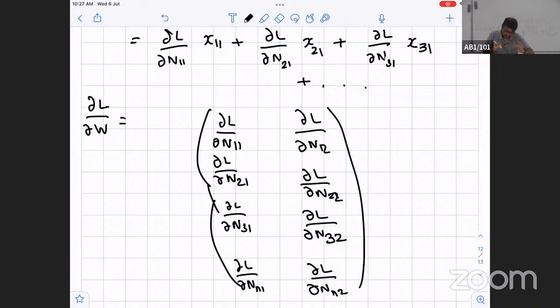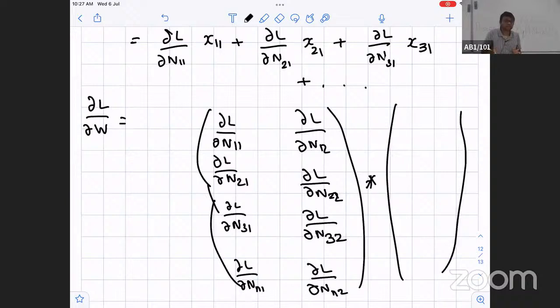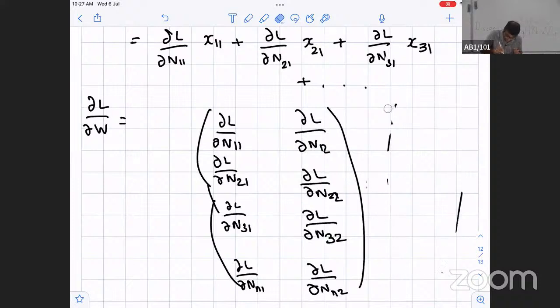So this, and if I want to get x11, it is like multiplying by what? I will have to do matrix multiplication with this vector.